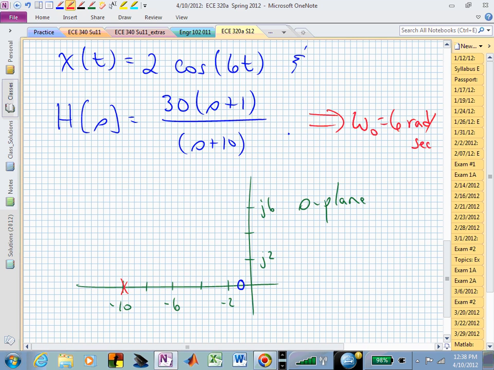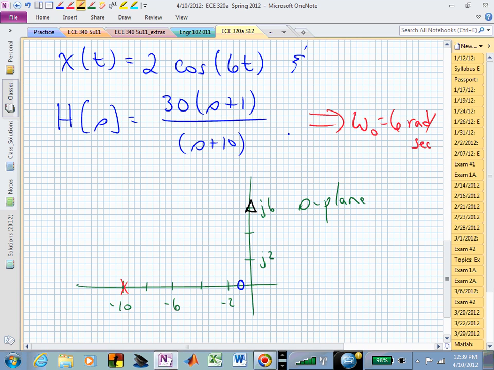That means we can now walk up or underneath the circus tent and focus on what's happening at j6 on the imaginary axis. We could be standing there and say, okay, what's the pole contributing, what's the 0 contributing, and what are their magnitudes and angles contributing to this sinusoidal excitation.